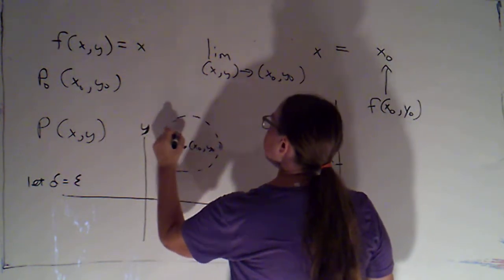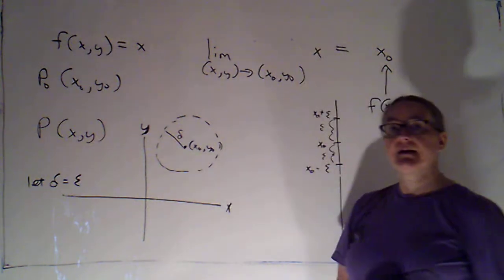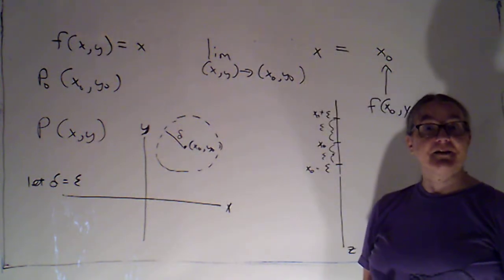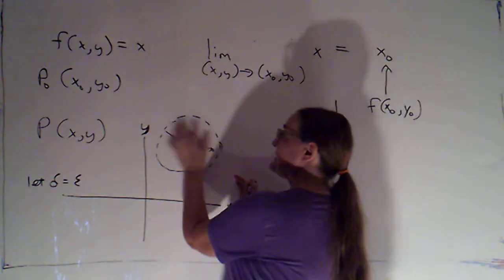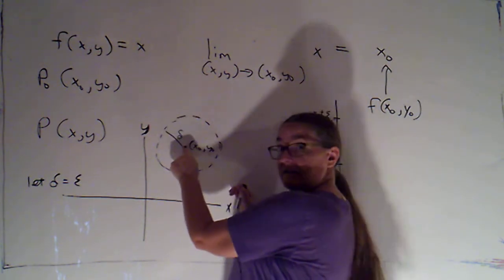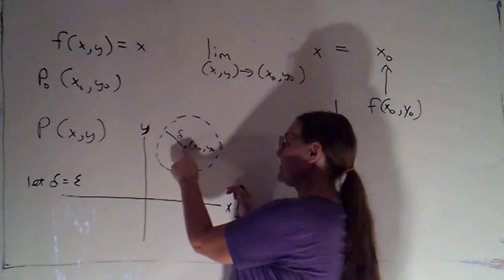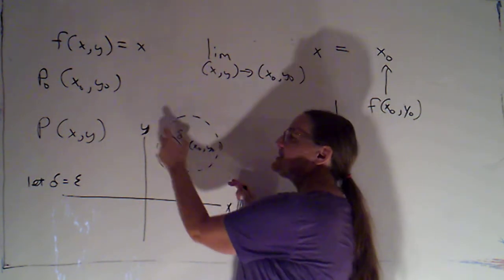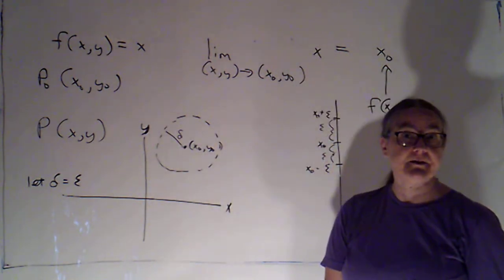That's basically giving me a disk of radius delta. Everything that's inside of this disk, its distance to the center of the disk, which is my x naught, y naught, is going to be smaller than delta.